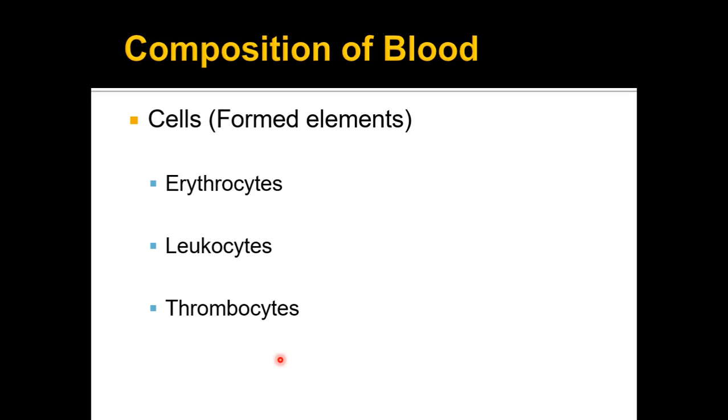Thrombocytes is another term for platelets. And thrombocytes and platelets, they're not actually cells. They're cellular fragments. And so using the term formed elements is a little bit more specific when we're talking about the cells or cell fragments that comprise this component of blood.